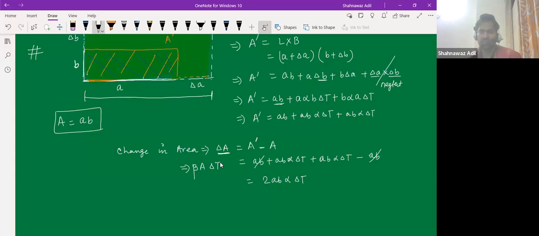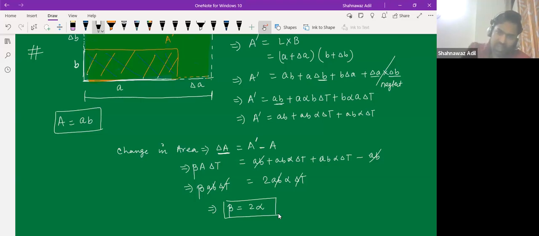Yes, sir. And we know that area is A, so beta A is AB delta T. So delta T cancels, AB cancels, and we have beta, which is 2 alpha. So this is one example of the perspective, and we can also do it from dimensional analysis.